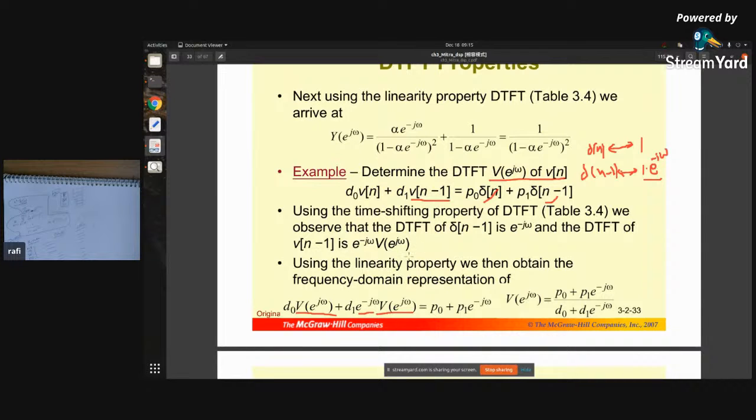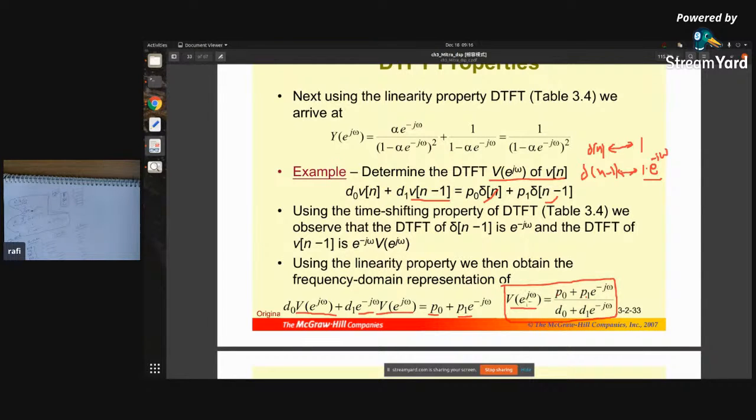Here also the delay is 1, so e^{-jω·1}. So p0 into 1, p1 into e^{-jω} for δ[n] and δ[n−1]. From this V(e^{jω}), if you take common, you'll get (p0 + p1 e^{-jω}) divided by (d0 + d1 e^{-jω}).